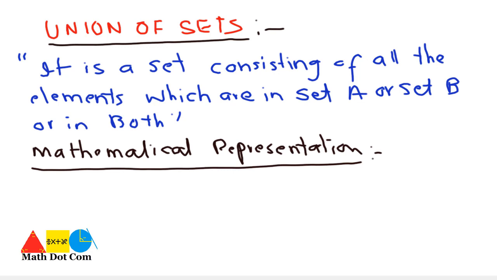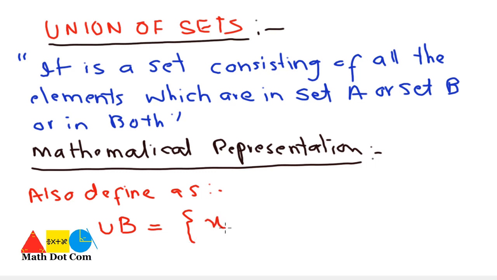If we define the union of sets in terms of set builder notation, it is defined as A union B is equal to x such that x belongs to A or x belongs to B. So this is how the union of sets can be represented in terms of set builder notation.